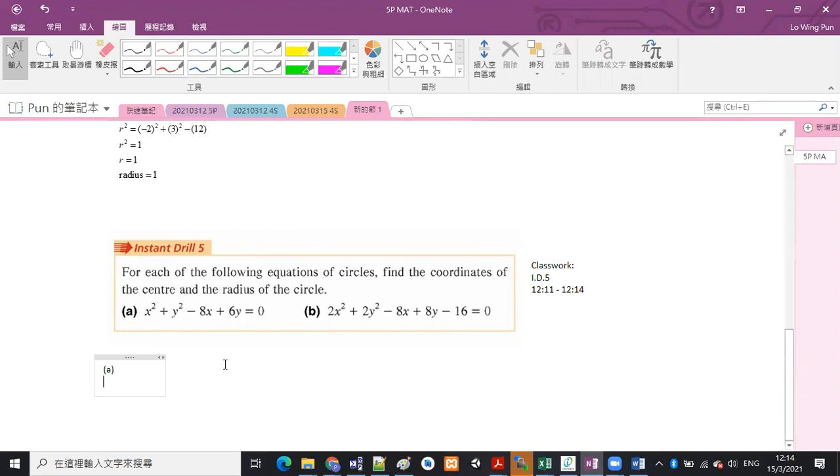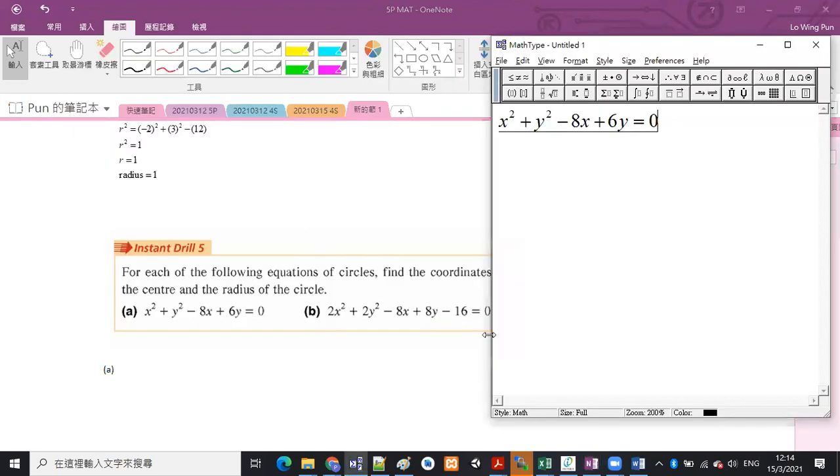Okay, let's check the answers. So part A, we have x squared plus y squared minus 8x plus 6y equals 0. And check that there is no number before x squared, which means that it is 1x squared plus 1y squared. And the right-hand side is already equal to 0. Okay, then we can write down the d value, e value, and f value. D is the number before the x, so it should be -8.